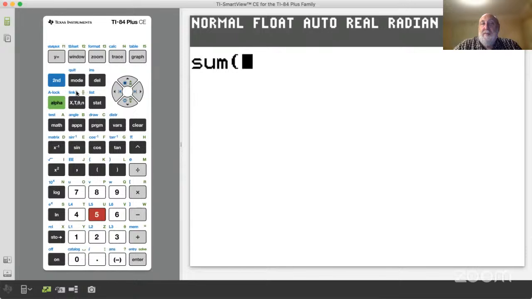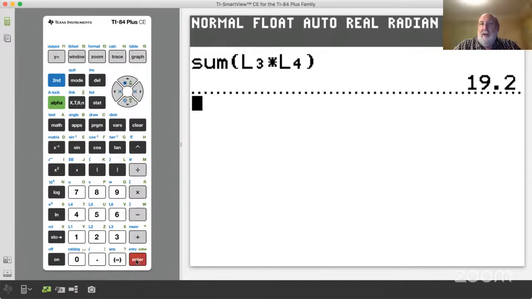And we're going to multiply list 3, which was our increments, times our list 4, which were our left endpoint values. Fingers crossed, this multiplies those together and sums them up, and we should come up with exactly what Steve did. Do we get that 19.2?